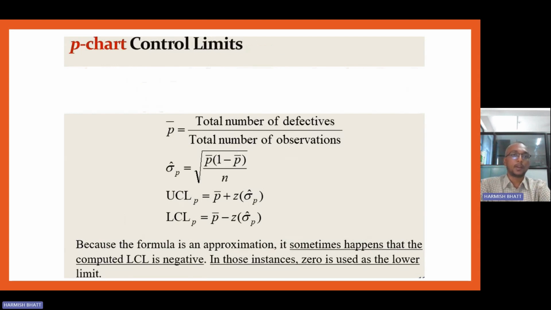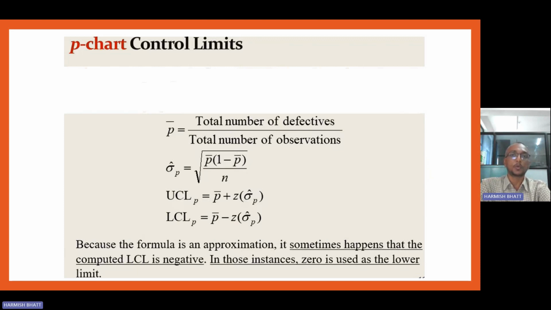To prepare any control chart, we know that we have to decide the upper limit and lower limit, and then we are going to plot the different data points on that particular chart, and we will be identifying whether any data point is crossing the UCL or the LCL. If any data point is crossing the UCL or LCL, then the process is not under control.